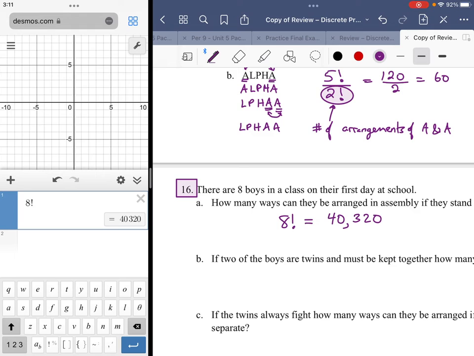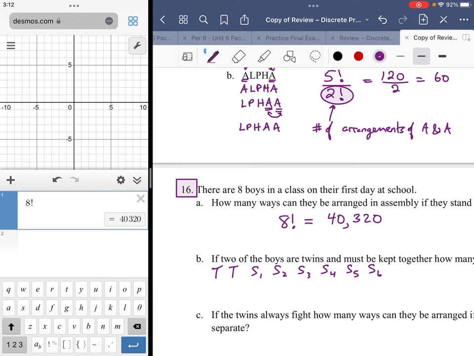But we can even say we have the twin, the other twin, and then somebody else. So student 1, 2, 3, 4, 5, and 6. So that's a total of 8 people.